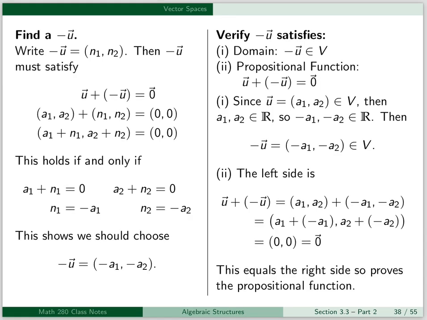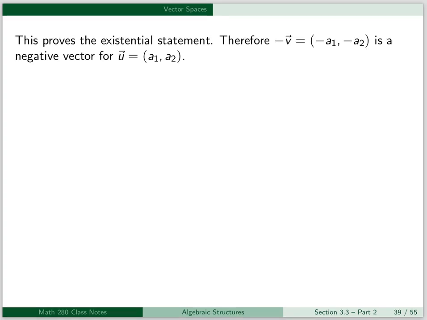And so this equals the right side, so proves the propositional function. And this proves the existential statement. Therefore, minus U equals minus A1, minus A2 is a negative vector for U equal A1, A2. So thus, axiom VS5 holds.